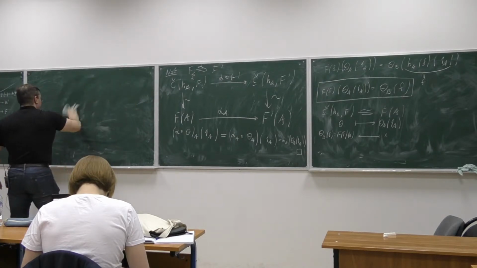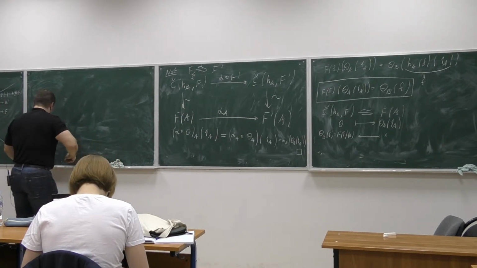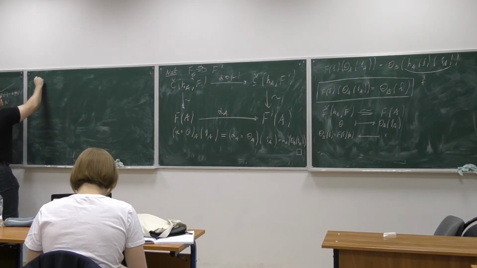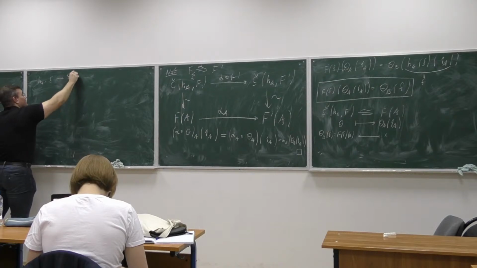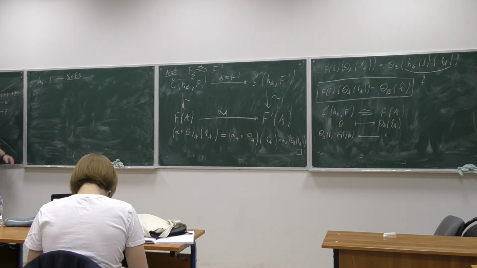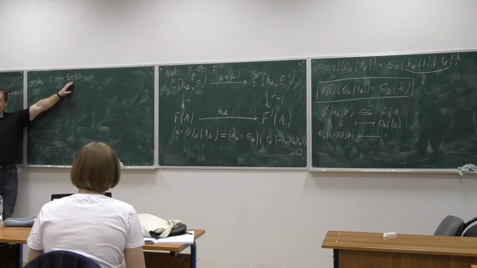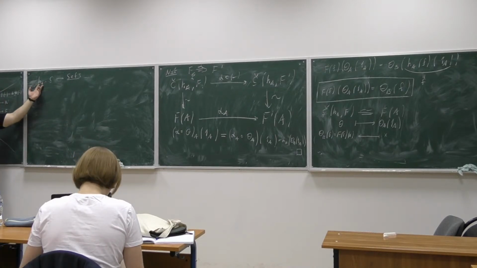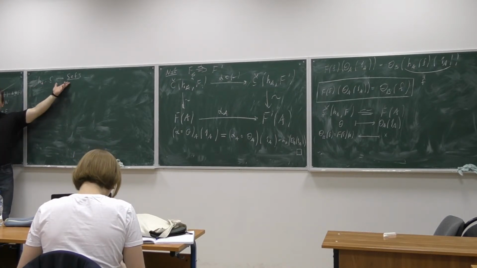Well, the reason for this is that when you consider the functor H^A from C, it's only a priori defined as a functor to the sets, right? Because if you compute Hom between objects A and B, this is just a set in some category.